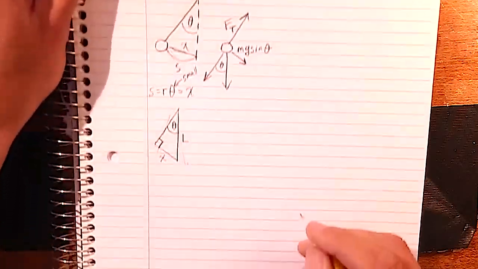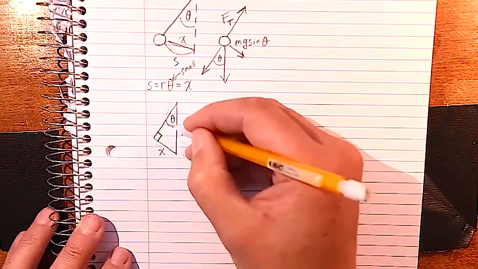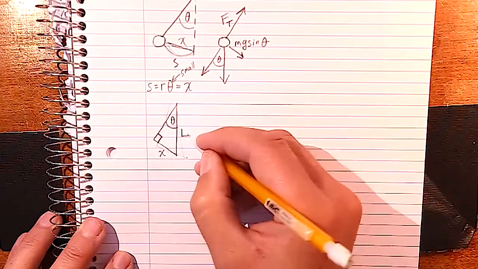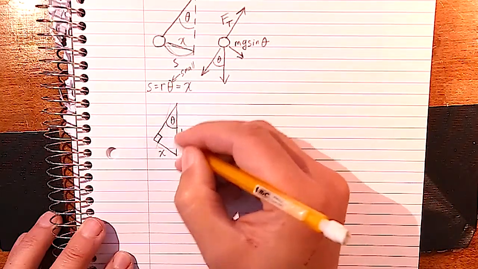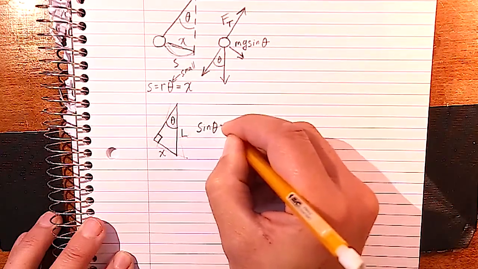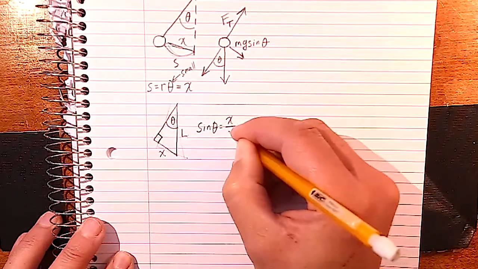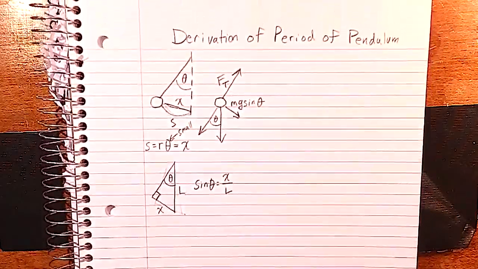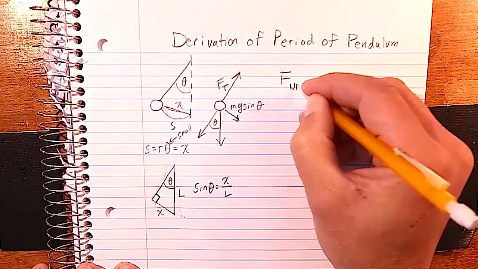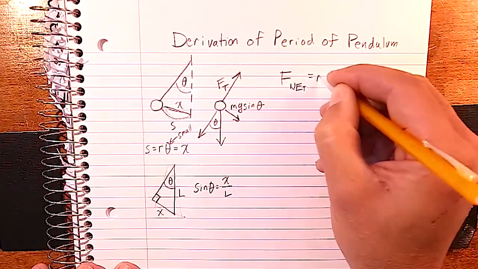So if we want to look at this for this small angle theta, we can say there's a relationship between x and L, and that is opposite over hypotenuse, or sine theta is equal to x over L, and we're going to need that in a minute. So let's look at the forces. We have F net equals ma.